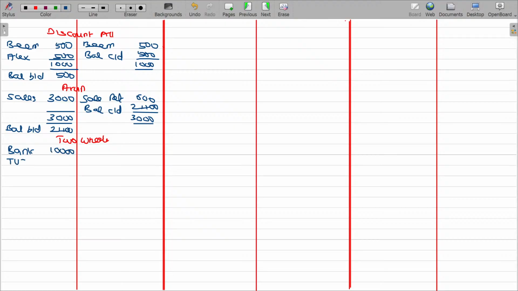TVS and Co., to whom we have to make the payment later on, 25,000. So 35,000. Balance carried on. Two-wheeler's value 35,000, balance brought down. Two-wheeler is over.